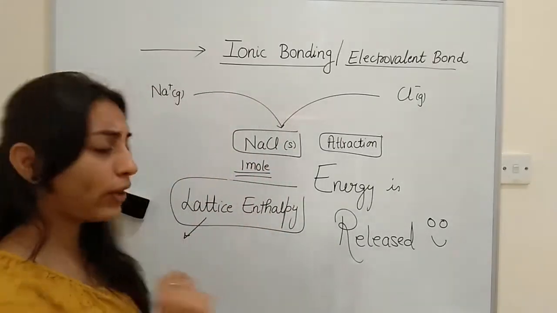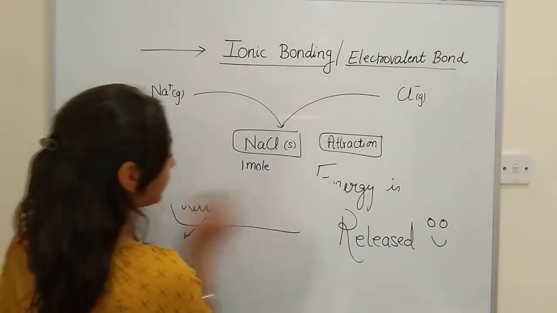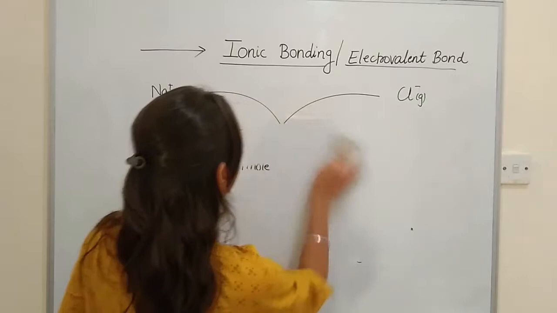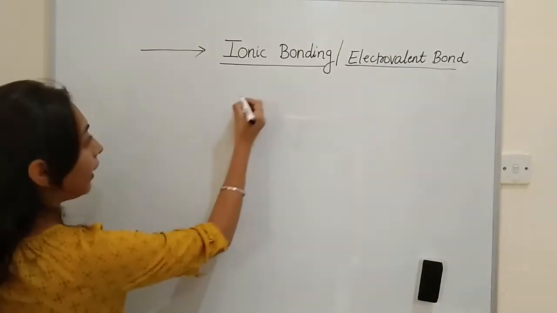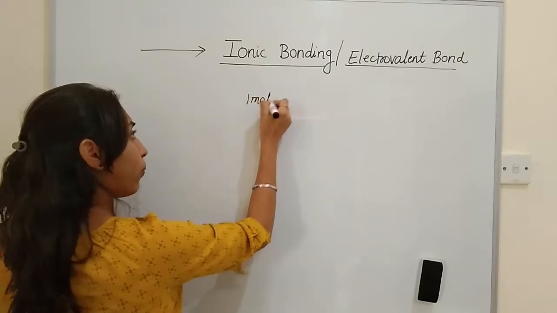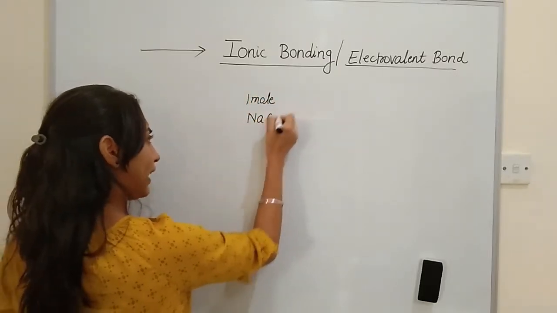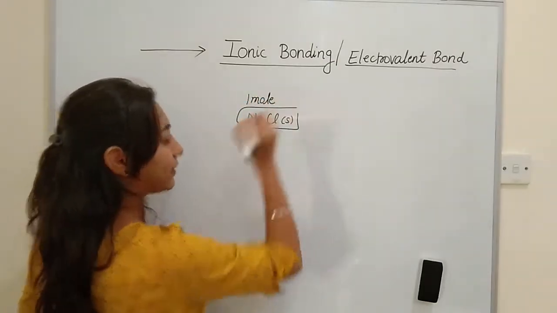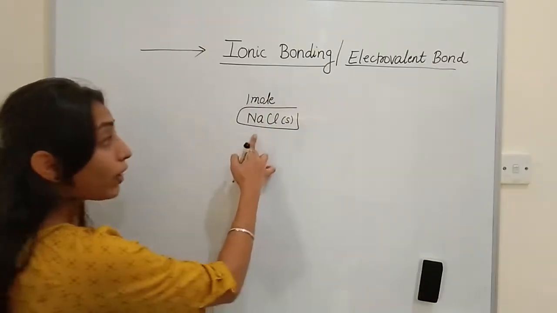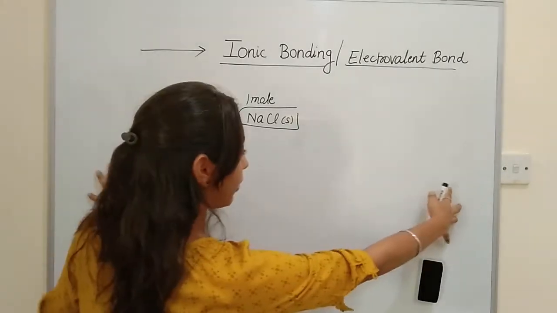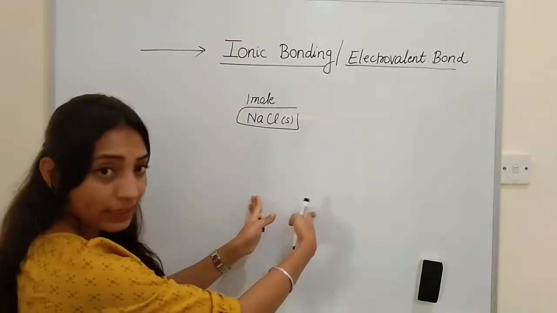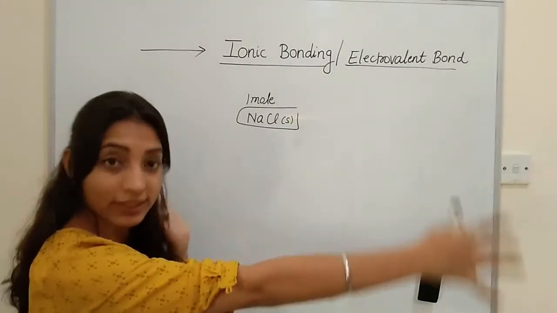There is another way to define lattice enthalpy. Let us talk about that way also. So see, we have 1 mole of NaCl in the solid state. Okay. Now I told you when Na plus and Cl minus were far away, they were coming together. When they came together, energy was released, right?